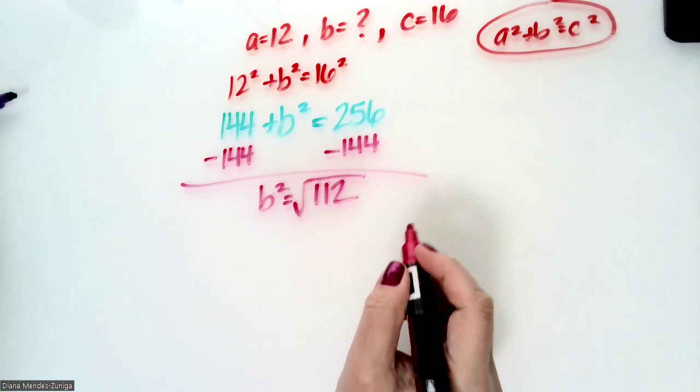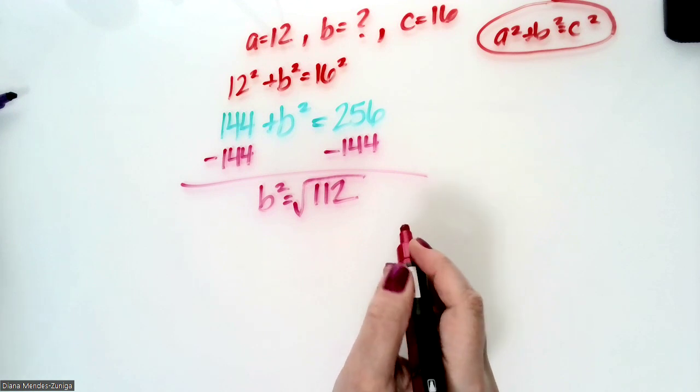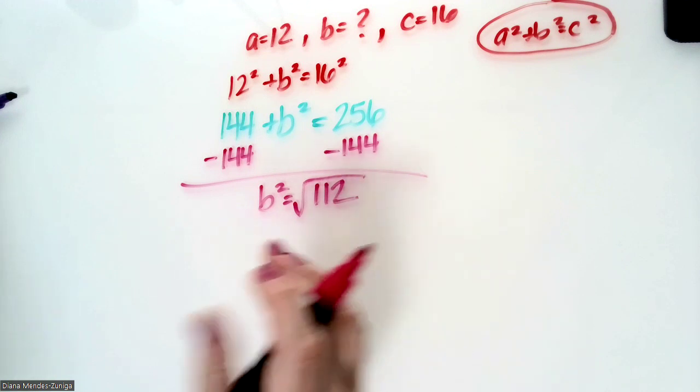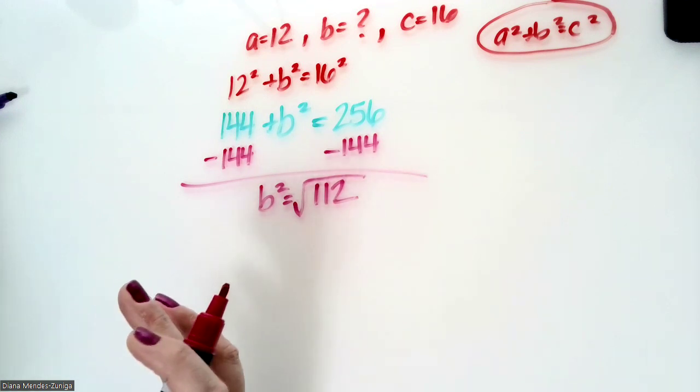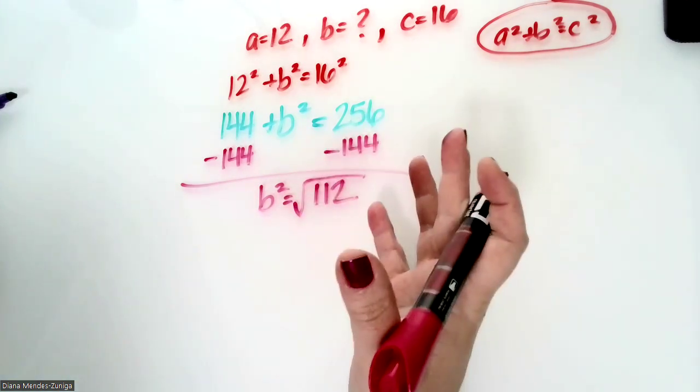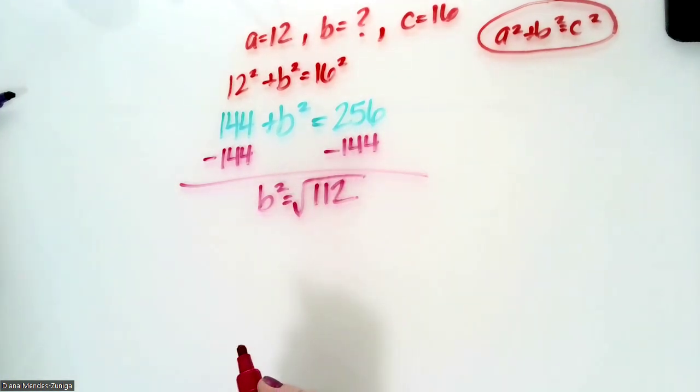So a way to fix that is you're going to get a number that is close to, or they sometimes call it about, okay? So your number is going to be about the square root, right? So we're going to try to get as close as we possibly can.